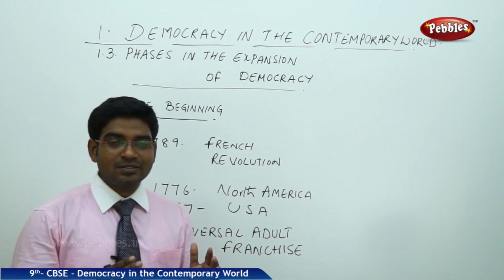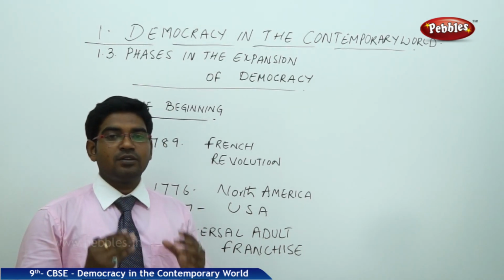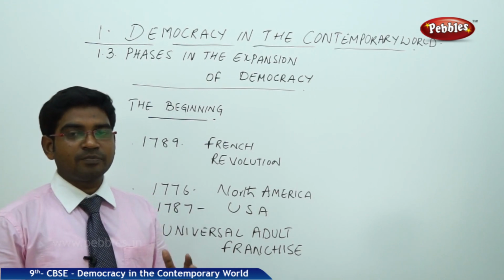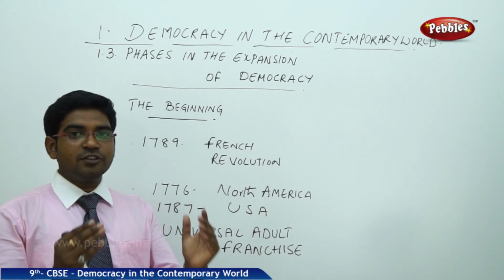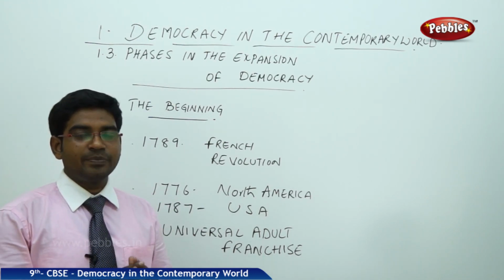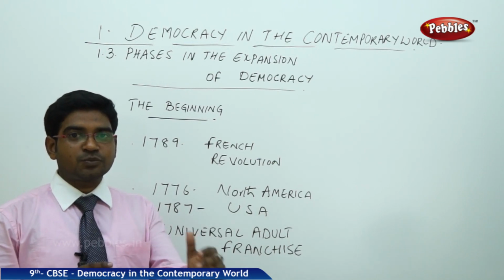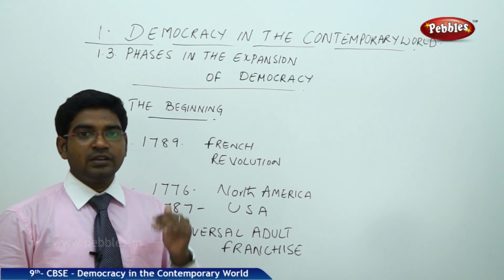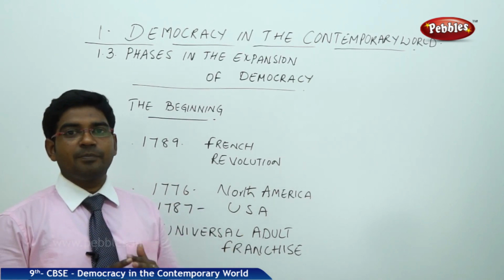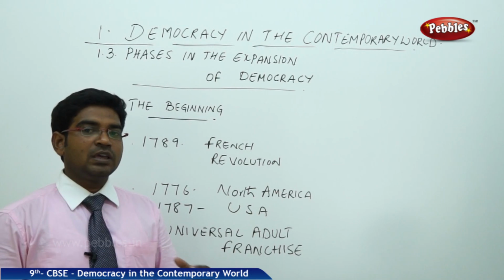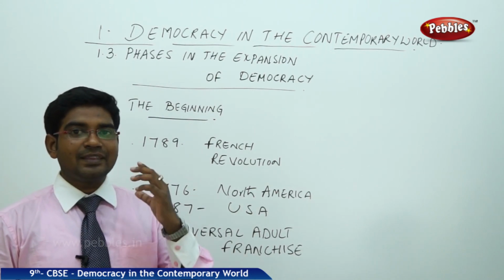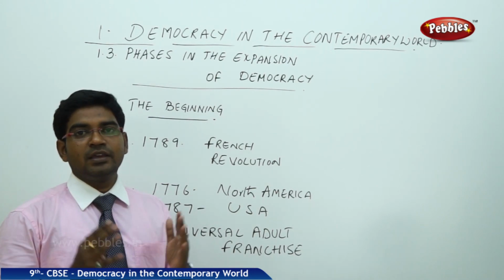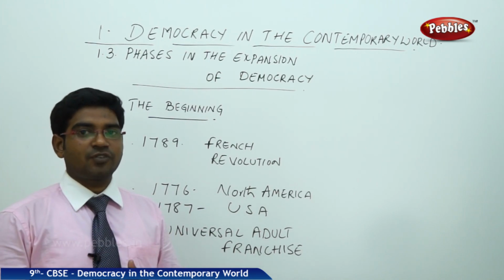So democracy started to spread slowly from one region to another. After the Second World War, it reached some other corners of the world. Later, it started to expand to various other corners. Finally, wherever democracy steps in, the first basic principle required to claim that there is democracy in a particular country is the universal adult franchise.